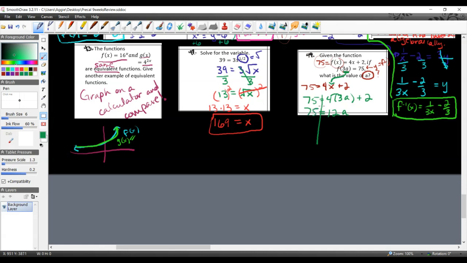Bring everything else down. Use a brighter color. So we have 75 is equal to 12a plus 2. Okay, so I'm just going to solve for a. So subtract 2 from both sides. It's going to be 73 is equal to 12a. From there, we divide by 12.